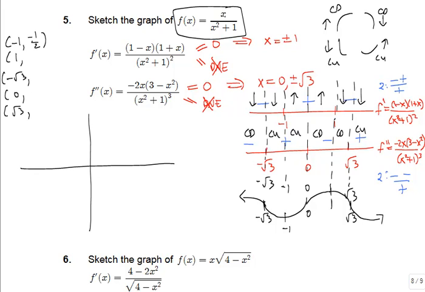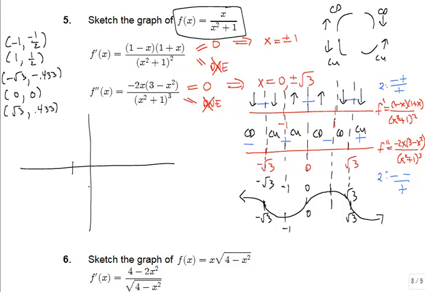If I plug in +1, I'm going to get 1 over 2 or +1/2. When you plug in -√3, I would just go ahead and get a decimal for that. That's about -0.433. When you plug in 0, you'll just get 0. And when you plug in +√3, you get +0.433. So let's plot these 5 points.